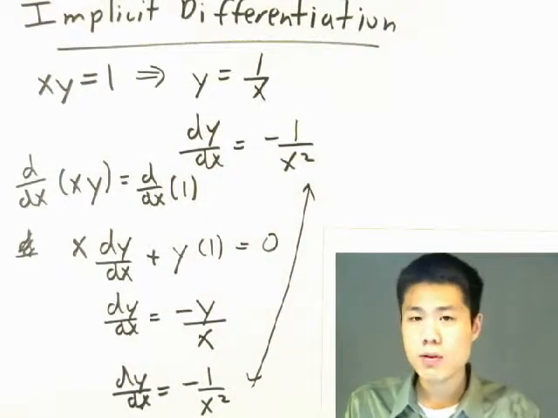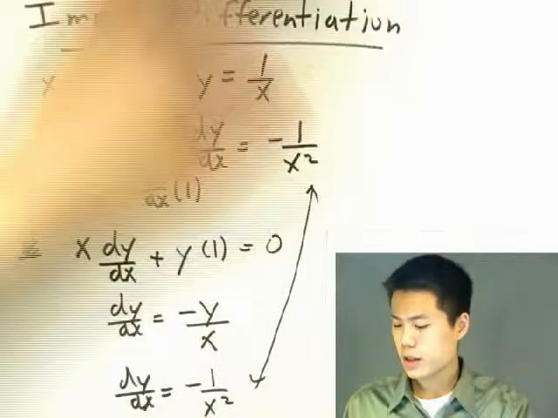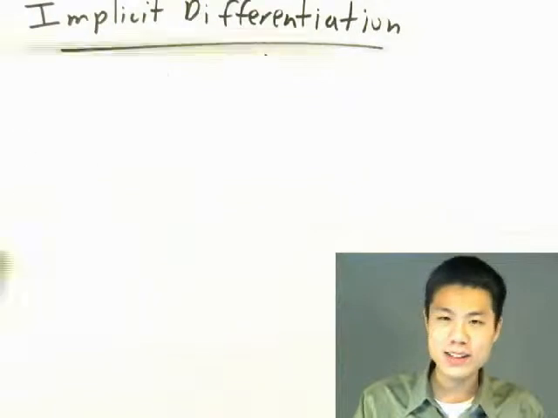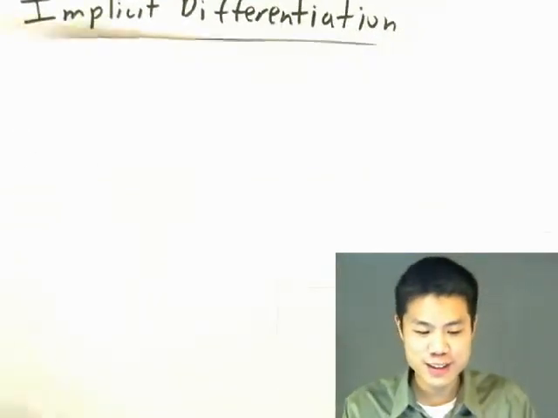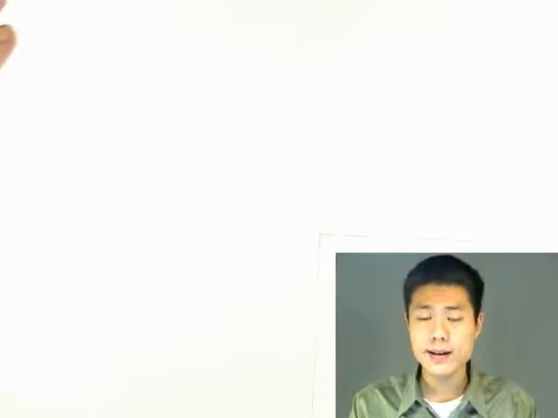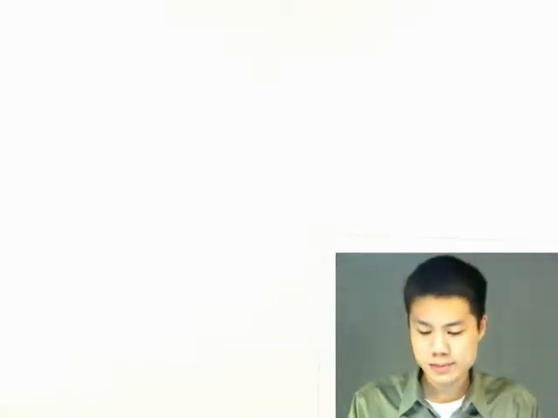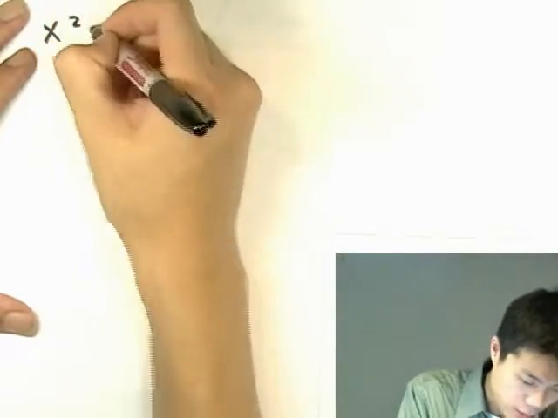Why would we ever want to use implicit differentiation? Well, the reason is sometimes it's too hard to solve for y, or sometimes we're just too lazy. But most of the time it's too hard. But I'm going to show you a case where we could solve for y if we wanted, but first we're not going to.